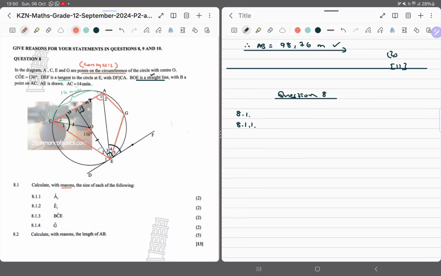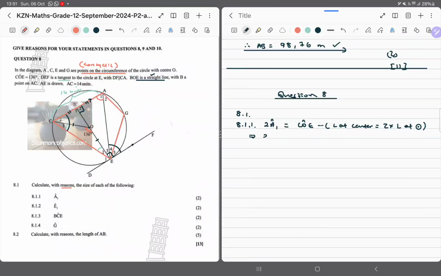Can you see A1? So we know that 2 times angle A1 is equal to angle COE. Why? We know that angle at center equals 2 times angle at circumference. So we can say angle at center equals twice angle at circumference. Nice and easy.